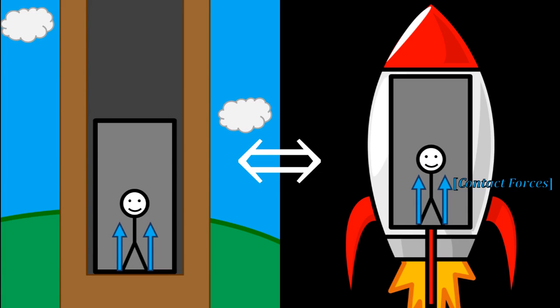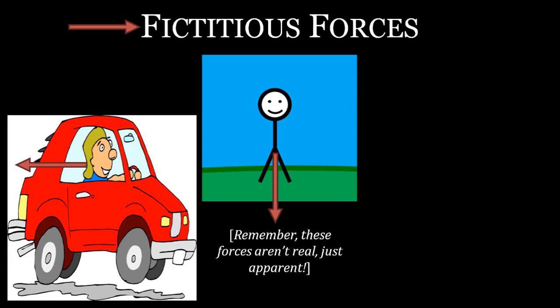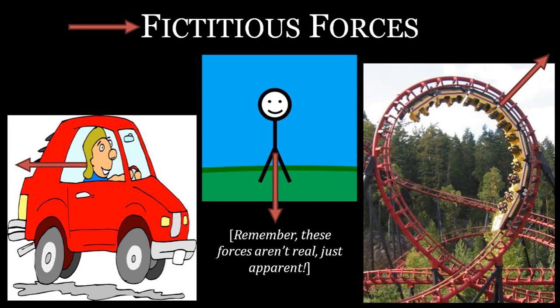These two thought experiments led Einstein to classify gravity as a so-called fictitious force, along with the inertial force that pushes you back in an accelerating car, or the centrifugal force that throws you towards the outside of a roller coaster loop. Fictitious forces are not caused by two objects interacting, but are rather a consequence of being accelerated.